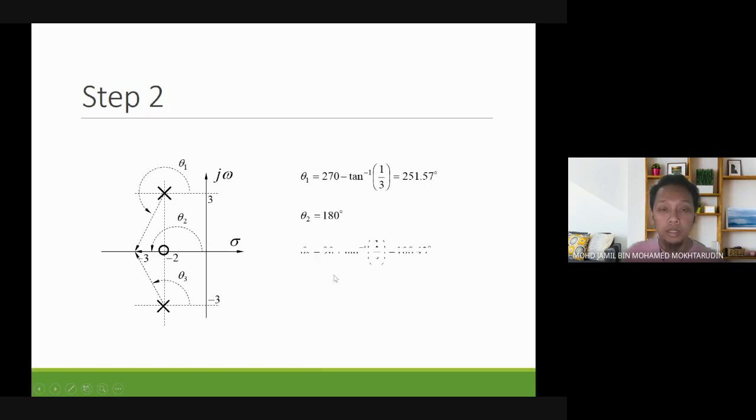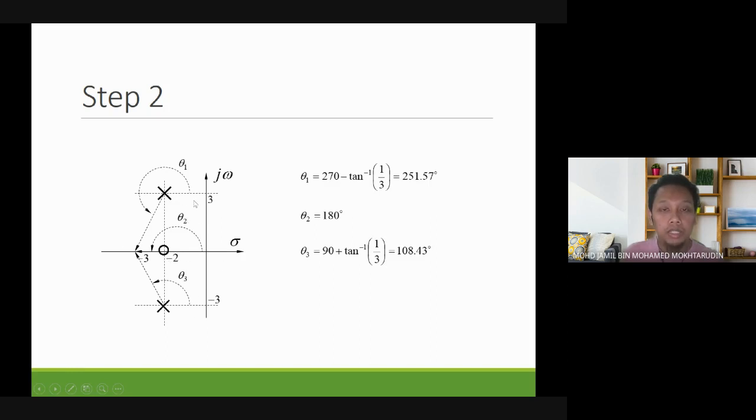And then θ3, if you think a bit, you will realize that θ3 and the angle from θ1 here are actually symmetric, okay? A mirror image to one another.